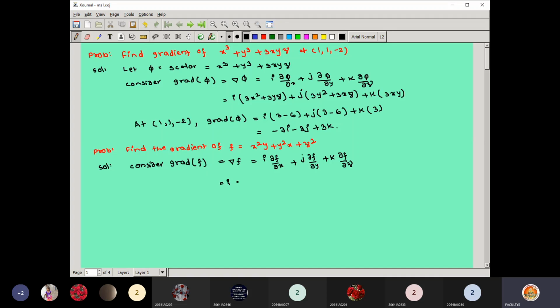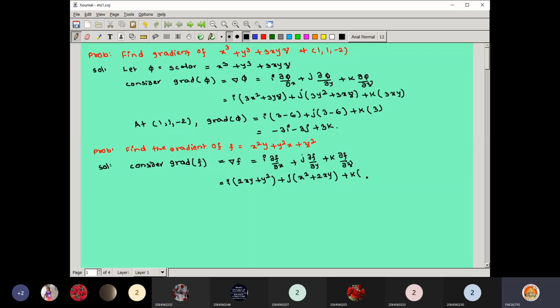So it is i. What is ∂f/∂x? Your function f you are differentiating with respect to the x variable. So it becomes 2xy first, plus y square second. There is no x term in the last, so leave it. Plus j ∂f/∂y, with respect to the y variable: x square plus 2xy, and there is no y in the last.